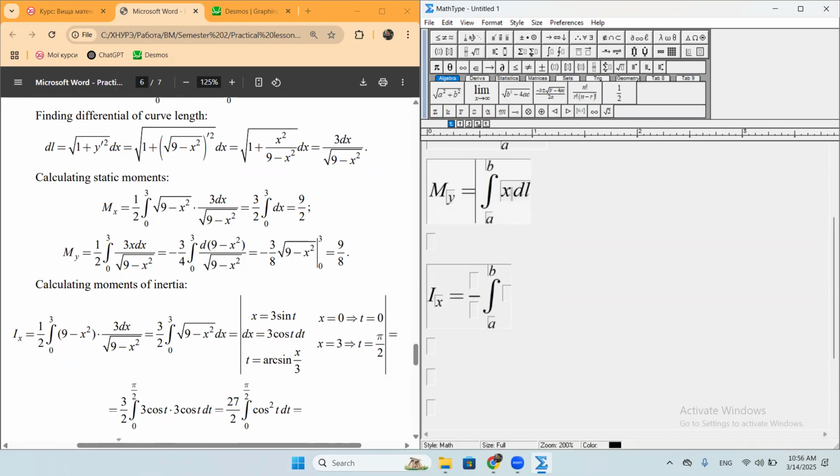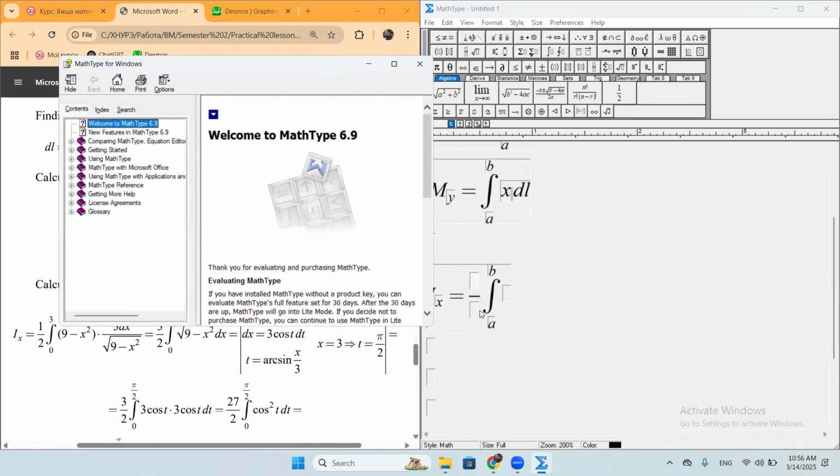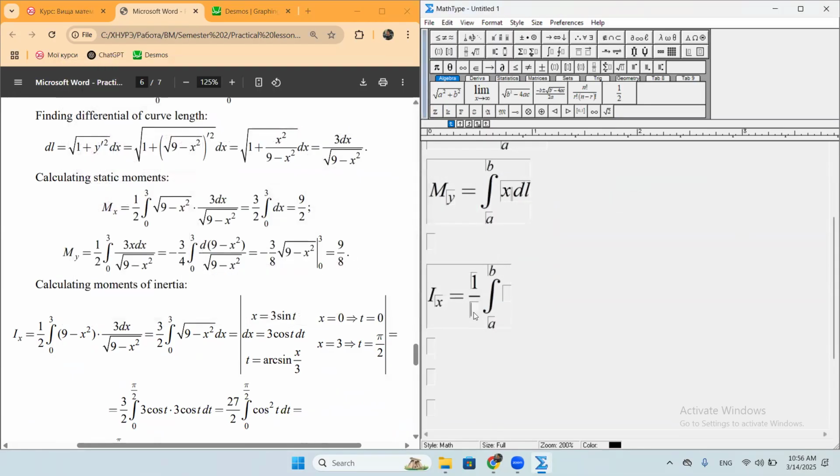So 1/3 and y cube dx. So this is the moment of inertia for the x-axis.